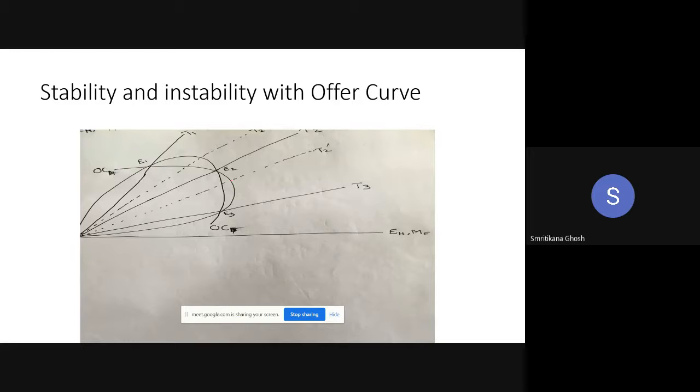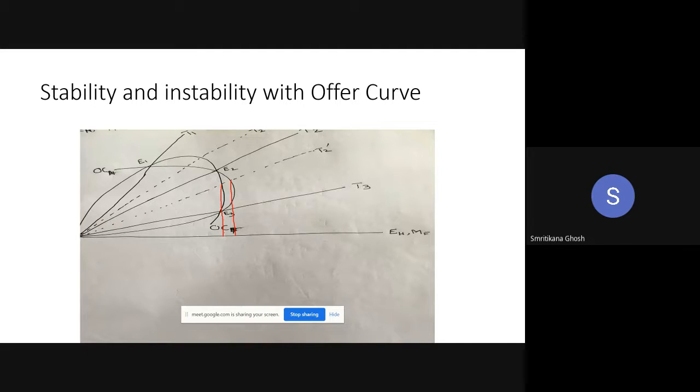This is the amount of export at T2 dash, and this is the amount of import. So tell me, what is the condition, excess demand or excess supply? This is the export supply of the home country and this is the import demand of the foreign country. So excess supply, yes, excess supply.